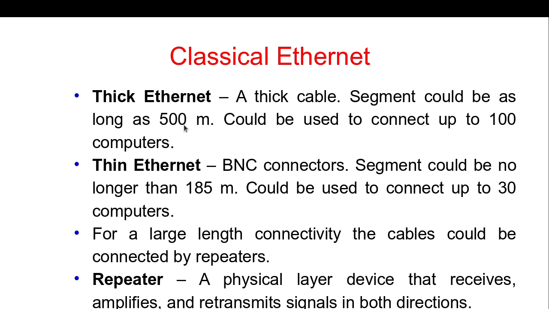In the case of thick Ethernet, there could be at most 100 computers connected. In the case of thin, the maximum number of computers connected was 30 only. So these are the differences between the two. Now when the computers were farther apart than the maximum cabling length specified here, more than 500 meters or more than 185 meters, they were still required to be connected.